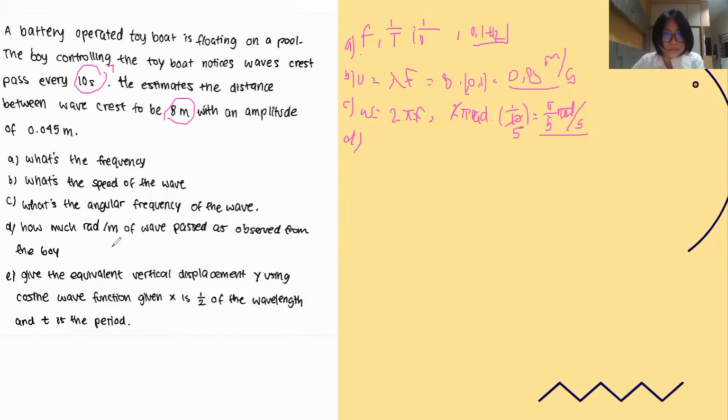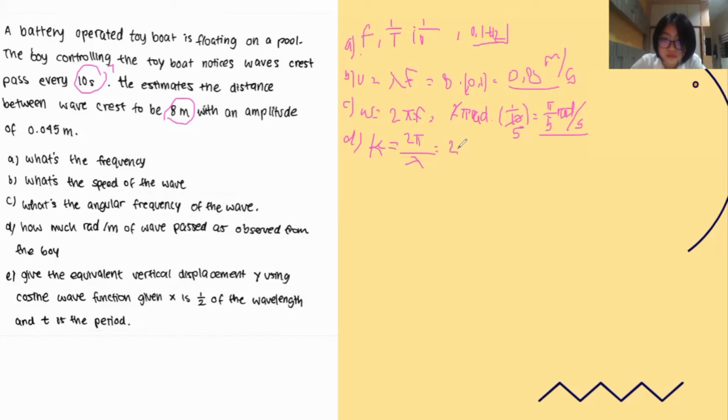Now we are going on to D. How many rad per meter of wave passed as observed from the boy? So that is the k. What is the formula for k just now? It's 2 pi per wavelength.